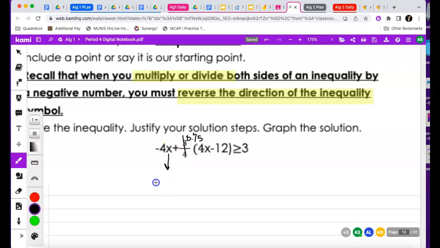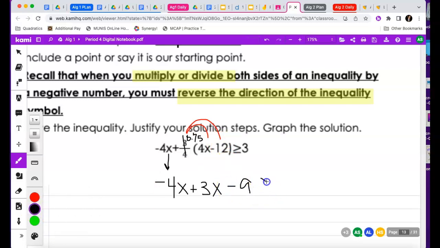So first of all, I'm going to bring down my negative 4x, and then I'm going to use the distributive property. 0.75 times 4 gives me 3x. Then I'm going to use the distributive property and do 0.75 times negative 12. That gives me negative 9.